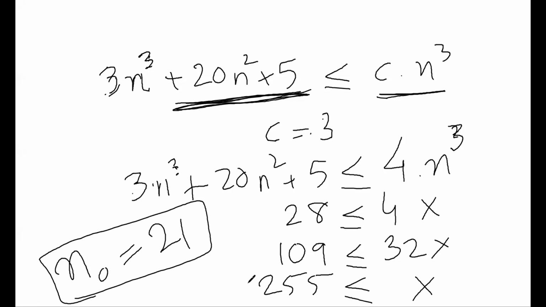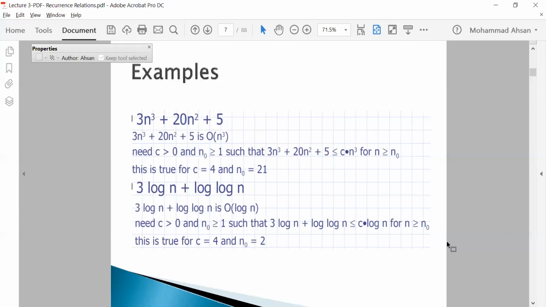That is when the right hand side will be greater than the left hand side. So for n0 equal to 21 and c equal to 4, this equation is true. Then you can say this polynomial 3n cube plus 20n square plus 5 is O of n cube, when c is 4 and n0 is 21.